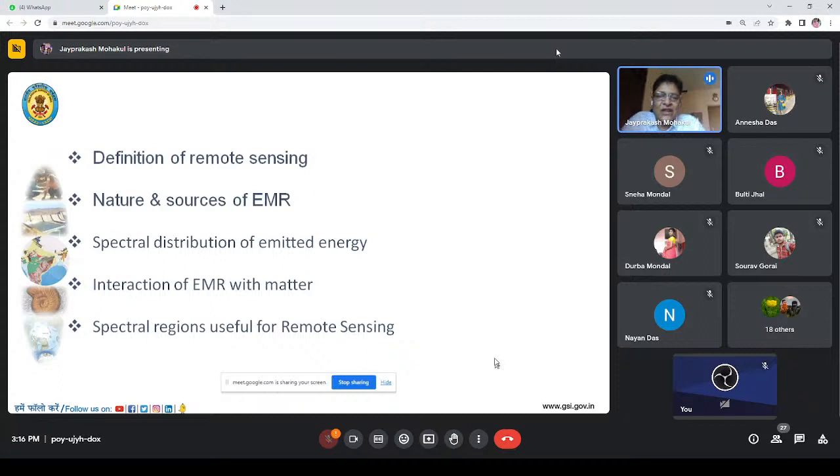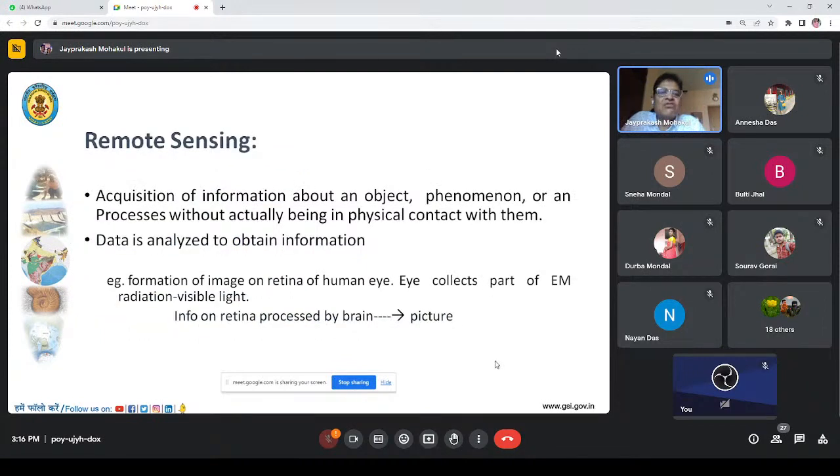When I say electromagnetic energy, it's a spectrum of energy, as we will be discussing subsequently. And as we discussed, it is the acquisition of information about objects, phenomena, or processes without actually being in physical contact with them. So data is analyzed to obtain information.